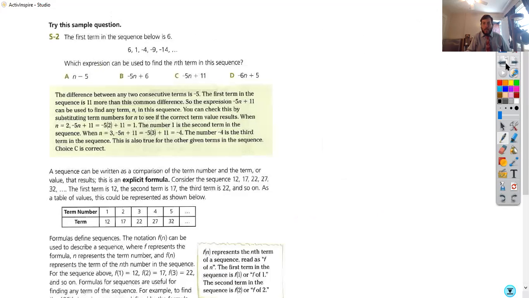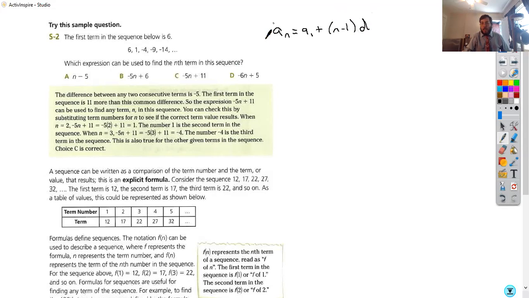So if we take a look here on the next page, it says, the first term in the sequence below is 6. Which expression can be used to find the nth term in this sequence? So this is where we're going to use our explicit formula. So our explicit formula is going to be a_n = a_1 + (n − 1)d.